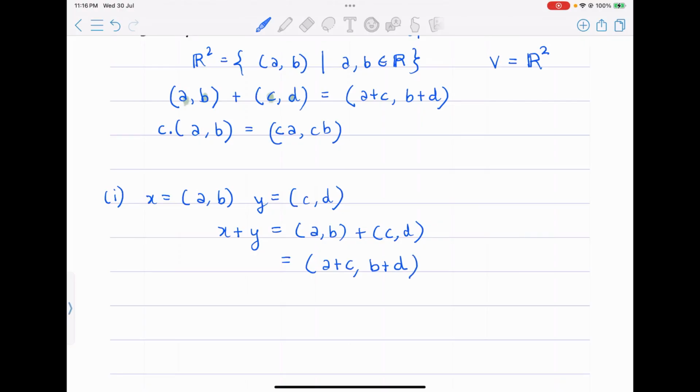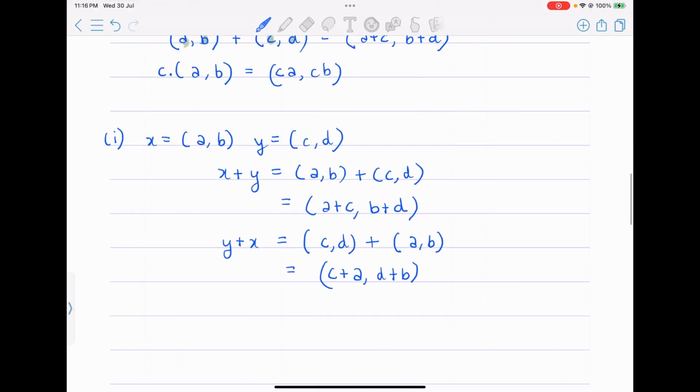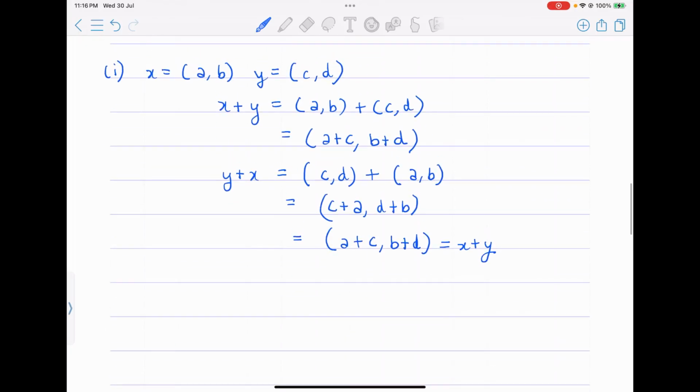Now y plus x is equal to (c, d) plus (a, b), which is (c plus a, d plus b). But c and a are real numbers, so c plus a is a plus c, and d plus b is b plus d. So this is equal to x plus y. So the first one is done.